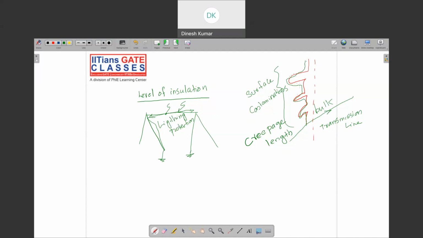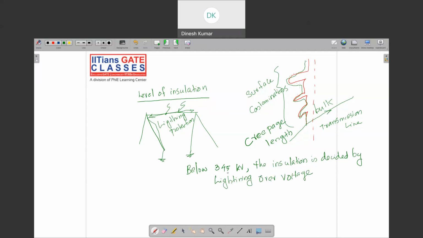Below 345 kV, the insulation of the system is decided by the lightning impulse voltage.